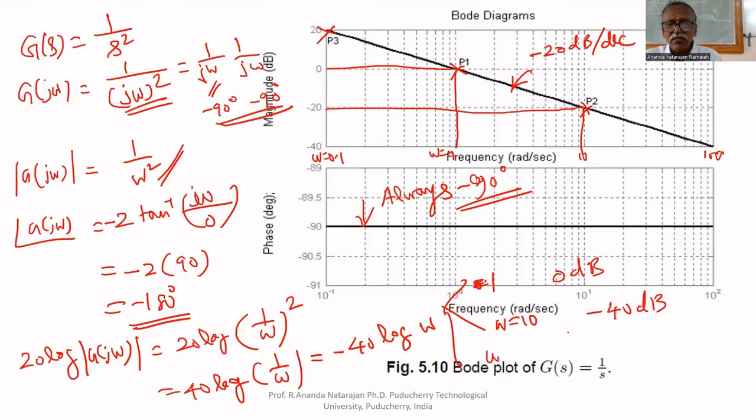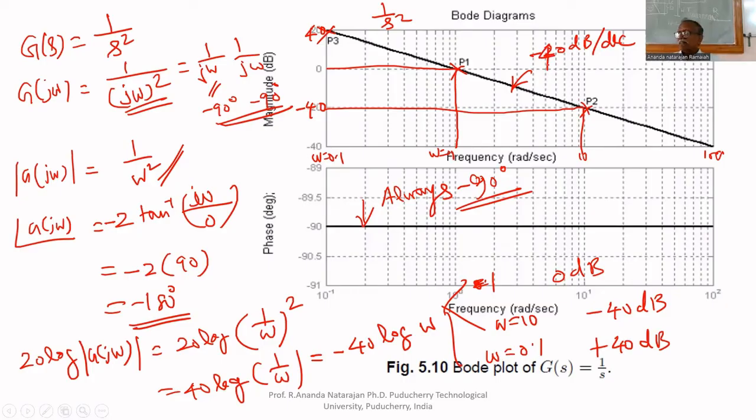When omega equal to 0.1, plus 40 dB, because log of 0.1 equal to minus 1, so minus of minus is plus, therefore 40 dB. So here, if it is 1 by s square, instead of 20, 40; instead of minus 20, minus 40. That's all. The slope is minus 40 dB per decade.